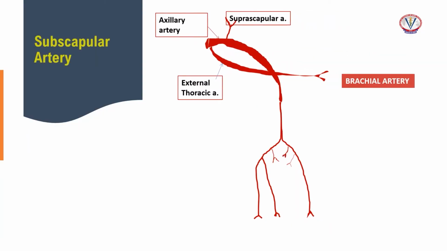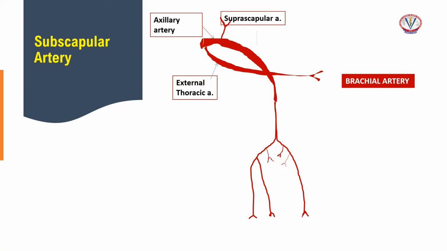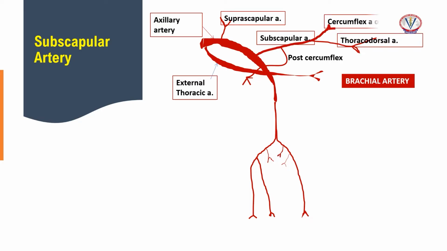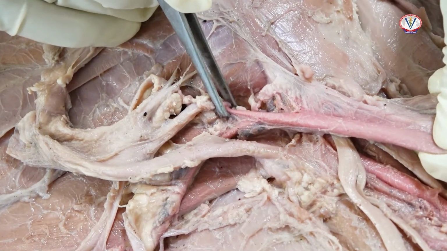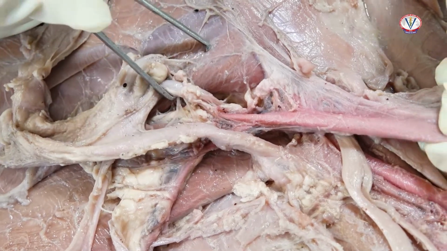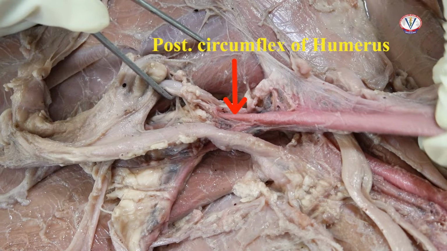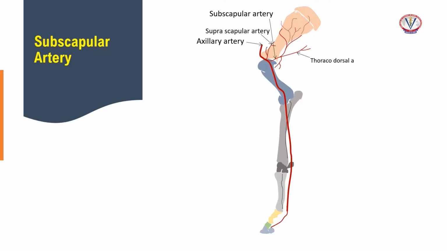Subscapular artery is a very large branch that ascends in the space between the teres major and subscapularis. It gives off three named branches: the posterior circumflex artery of humerus, which ramifies on the deep face of deltoideus and also supplies the teres minor, triceps, brachialis and anconeus, and extensor carpi radialis and a cutaneous branch to the skin.